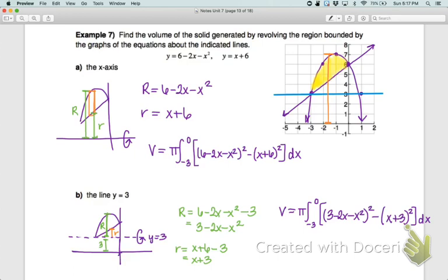If the whole thing is y, and this little bit right here is 3, we want y minus 3 to give us this remaining piece. Well, y was 6 minus 2x minus x squared, and so that's why we ended up putting that together the way that we did. This takes a lot of practice, you guys, so don't get too discouraged, and always draw your pictures.